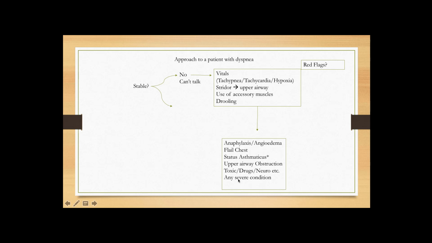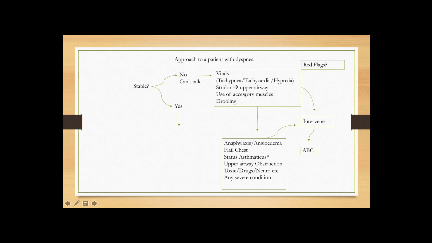So in that case, this patient has become acutely ill, and now we have a red flag scenario. Before we even complete our evaluation with history and physical exam, we've got to intervene. So how do we intervene? We do ABC.